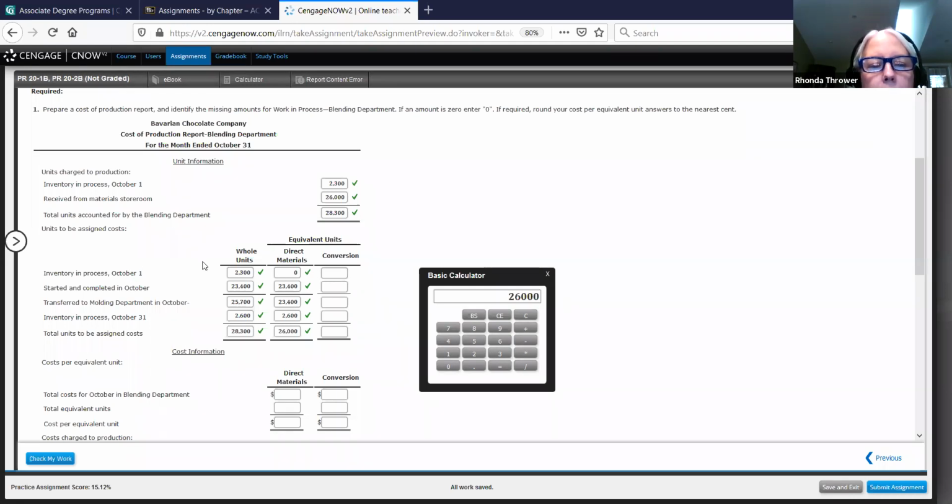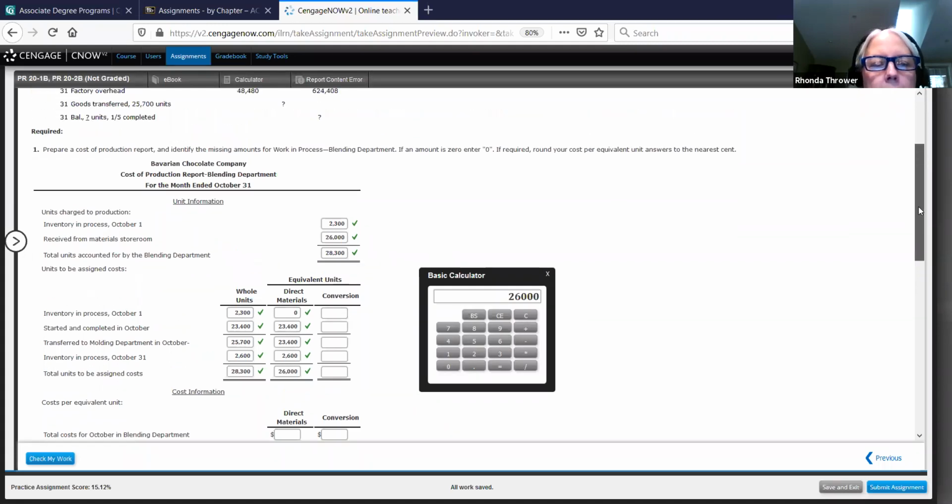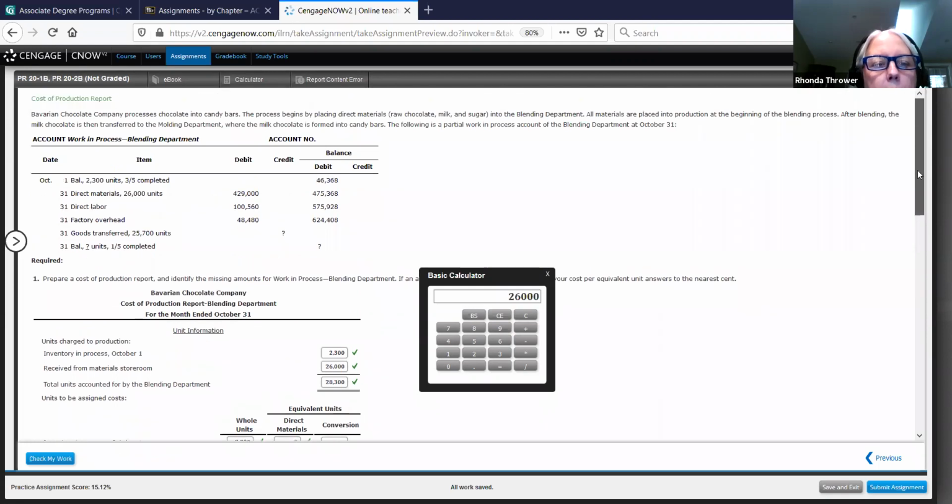Now, what you have to remember about beginning inventory is that part of the beginning inventory units were started, but they were not finished with respect to conversion.